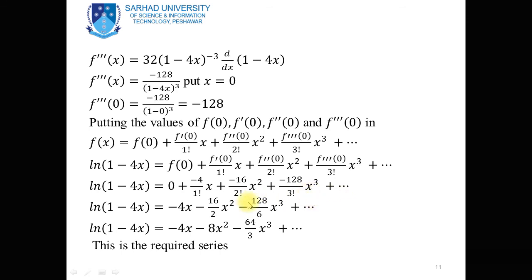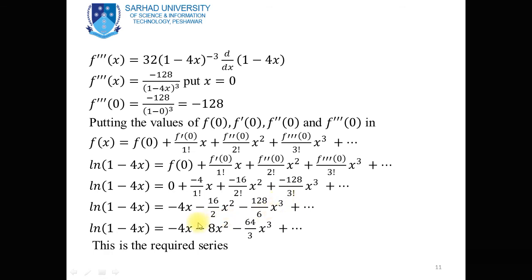Now after simplification, we obtain the Maclaurin series for the function log of 1 minus 4x is equal to minus 4x minus 16 divided by 2 into x square minus 128 divided by 6 into x cube. Actually 2 factorial is equal to 2 multiplied by 1, which is equal to 2, and 3 factorial means 3 times 2 times 1, which is equal to 6.